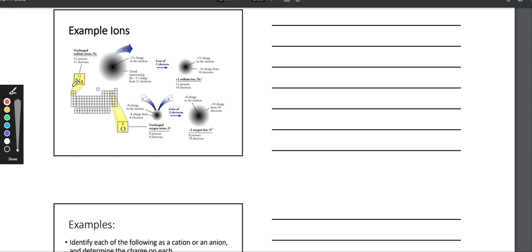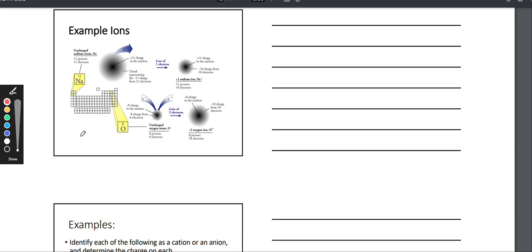Just like how I have cations, I also have anions. That means there are atoms in the periodic table that never lose an electron. They always gain an electron. So when you look at the periodic table, there are elements that lose electrons all the time, and there are elements that gain electrons all the time.